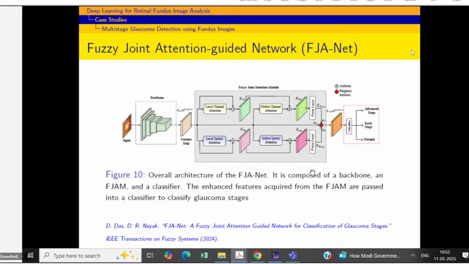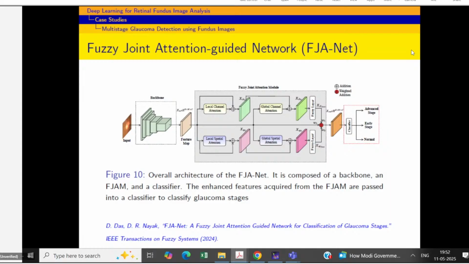Fine. So another contribution which we have recently made is a fuzzy joint attention guided network. I don't know how many of you have worked with fuzzy. It is just a concept we have taken from fuzzy logic. Why do we need fuzzy here? Because even after applying the kind of attention block which I just discussed, we observed that there are still some regions in the fundus images which are uncertain and ambiguous, and very difficult.